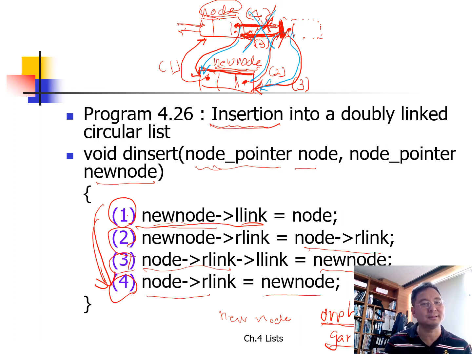It's very important. Okay, so you must understand why you cannot exchange the sequence of the assignment. If you exchange the sequence, you can find some nodes becomes orphan node or garbage node. Very important and interesting things here.